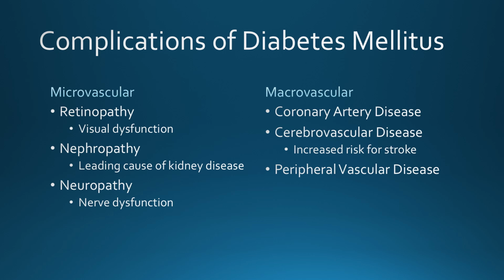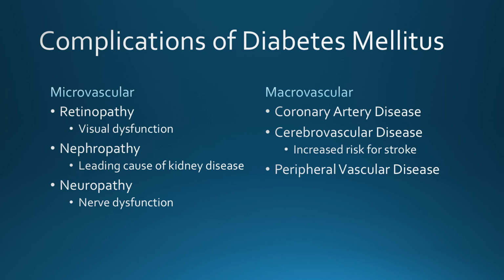As far as microvascular complications, we have retinopathy, and this is damage to the blood vessels that feed the eye. So it causes visual dysfunction, like blurred vision. It can eventually lead to blindness if not controlled and treated.